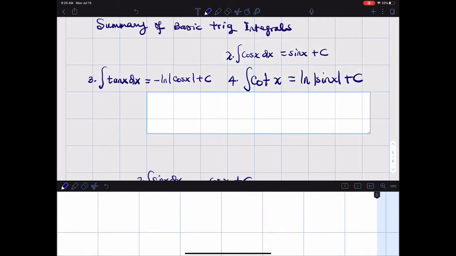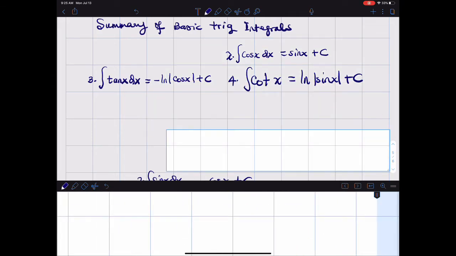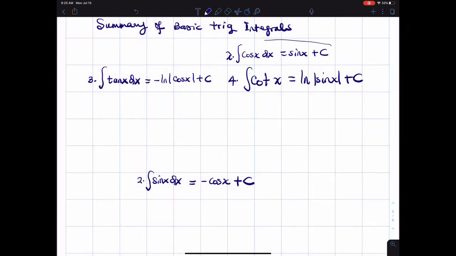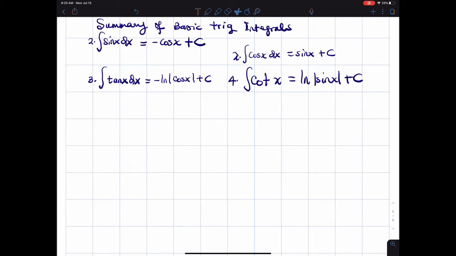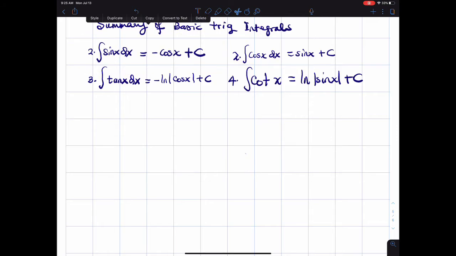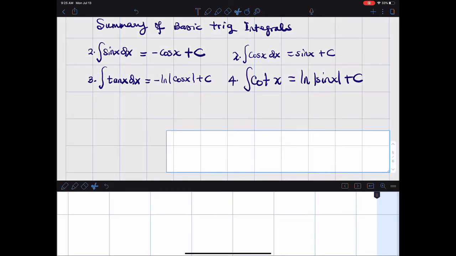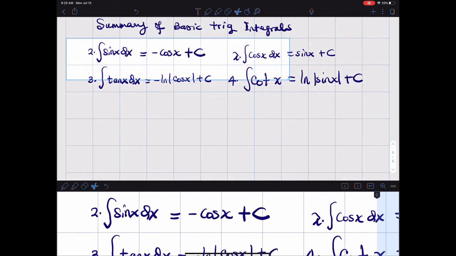This is number 2. Call that number 2. Oh no, what am I doing? I'm just messing things up. Okay. And we're going to make this number 1. This is number 1.